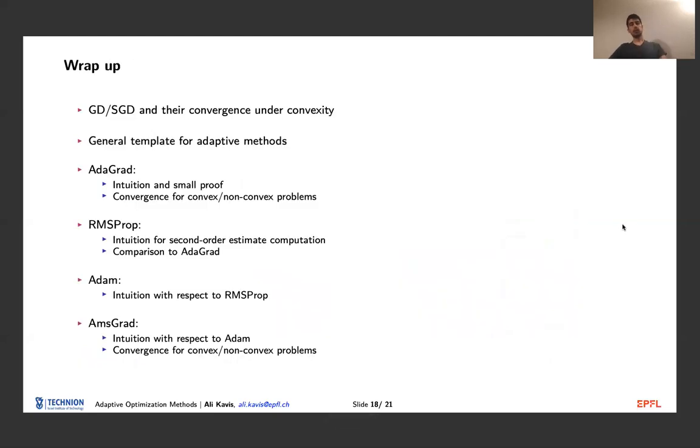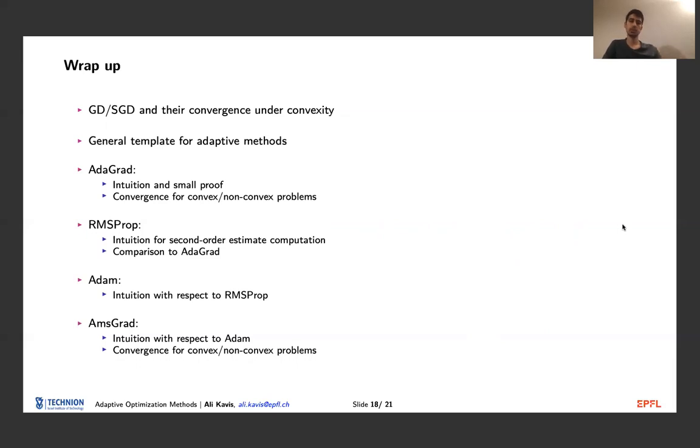To wrap up, we started with gradient descent and SGD and their convergence properties for convex problems, their rates and their corresponding step sizes. Then we moved on to a general template of adaptive methods with first order and second order moment estimation. Then we saw our first adaptive method, which is AdaGrad. We gave a little bit of intuition for it with the proof of its step size selection, and then we gave its convergence rates for convex and non-convex problems. Then we moved on to RMSProp, which is AdaGrad with moving averages of the second moments.